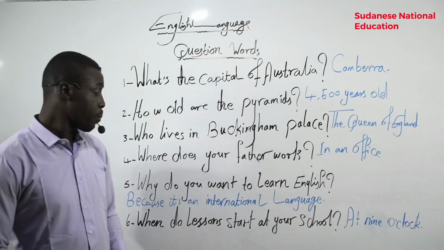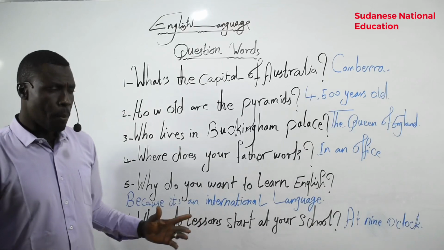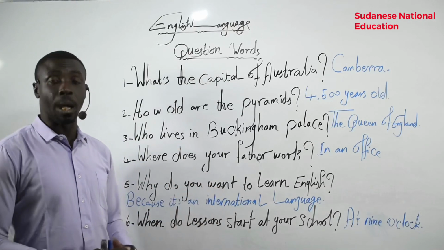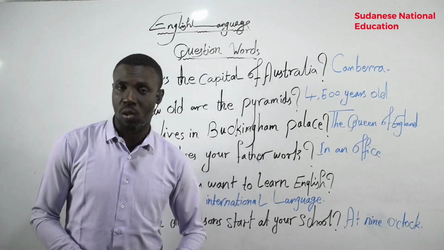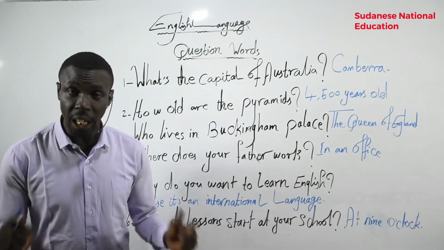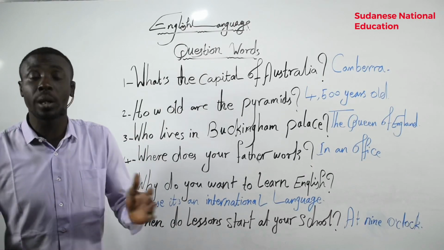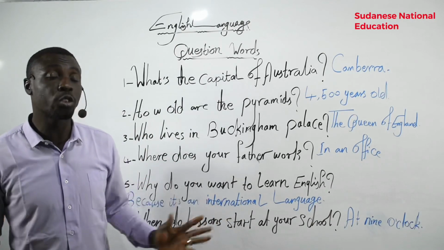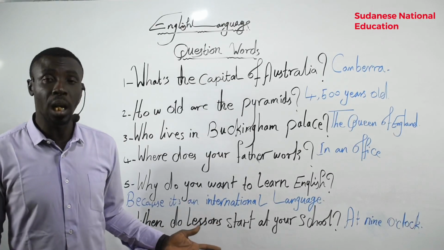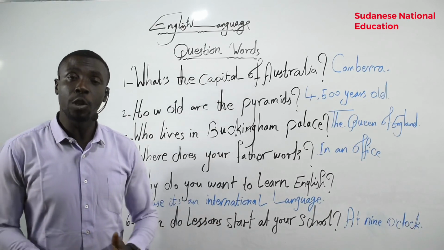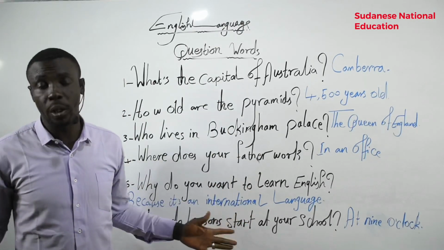But people might all agree in common that it's because English is an international language. That's why people want to learn it. Wherever people go, if they don't speak other languages, they may speak English because it's international. It's spoken all over the world.